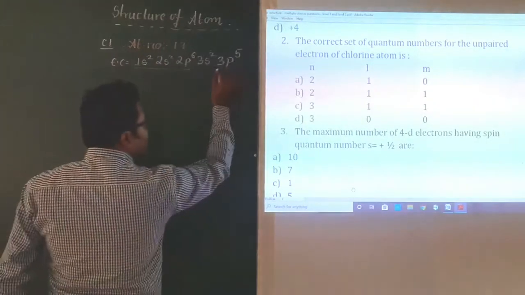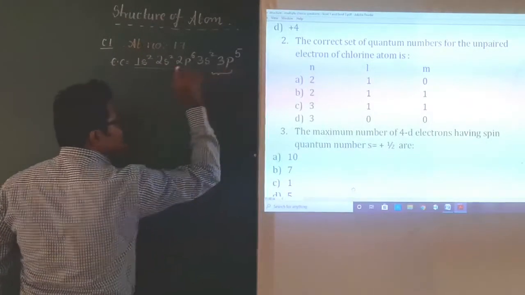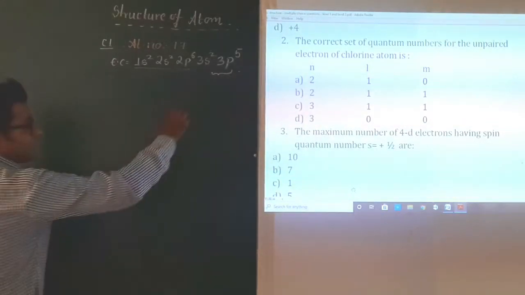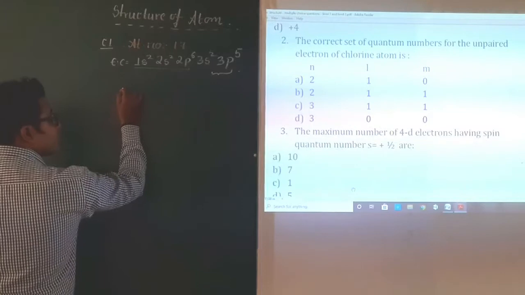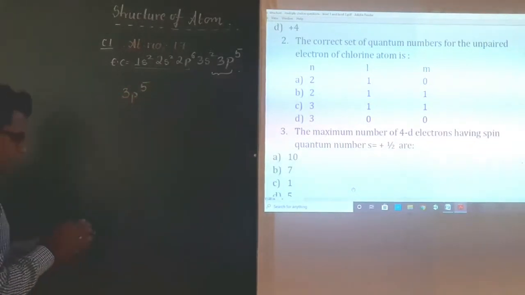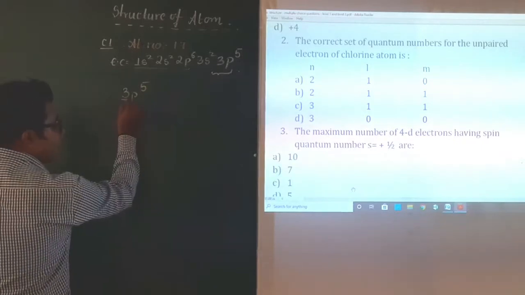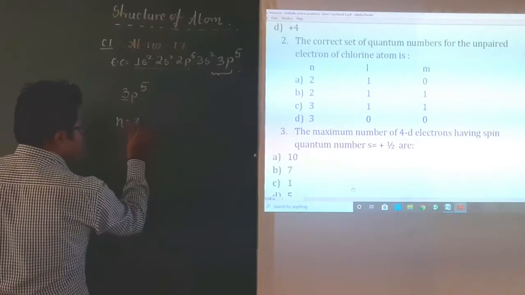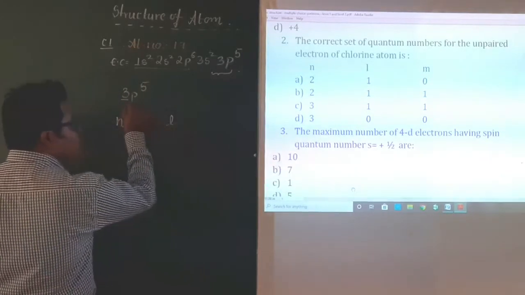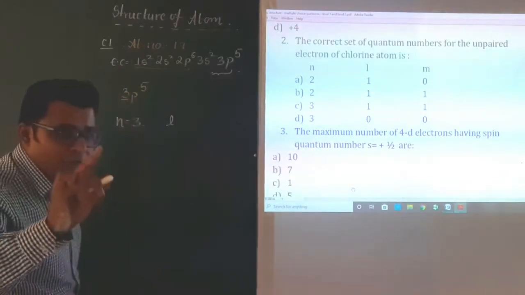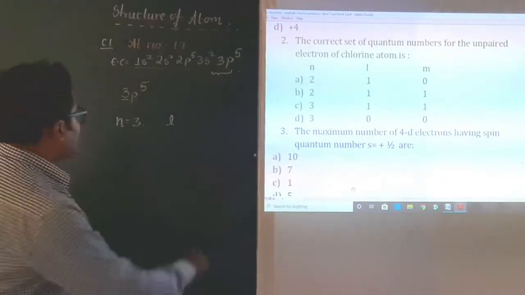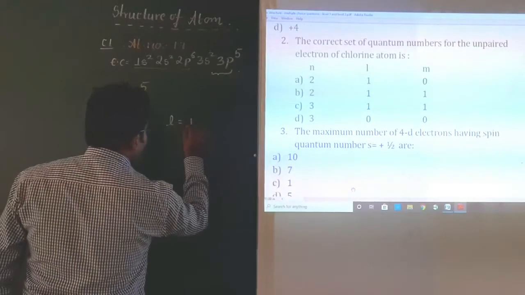So now observe this for the answer. Let's observe the last one, 3p5. So what is going to happen? n is equal to 3. The value of l for p, the azimuthal quantum number for the p subshells, is equal to 1.